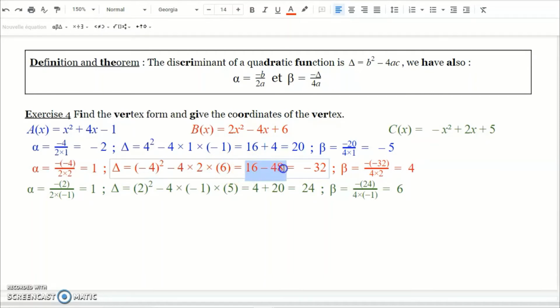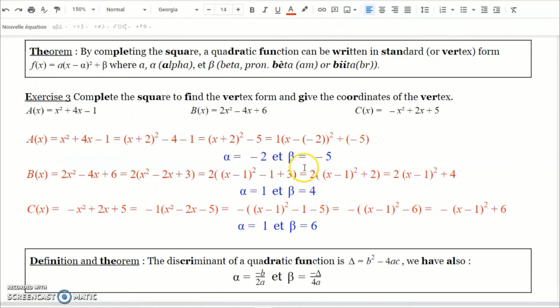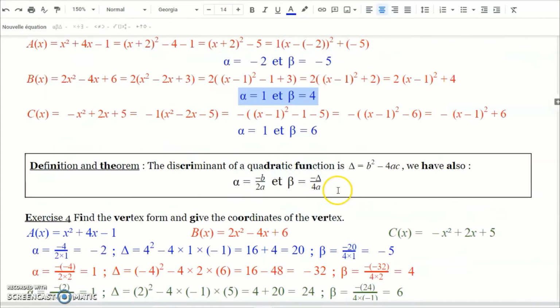So it's 16 minus 48, negative 32. And beta is equal to minus delta, so minus negative 32 over 4 times a. a is 2. So beta is equal to 4. That's what we found here.